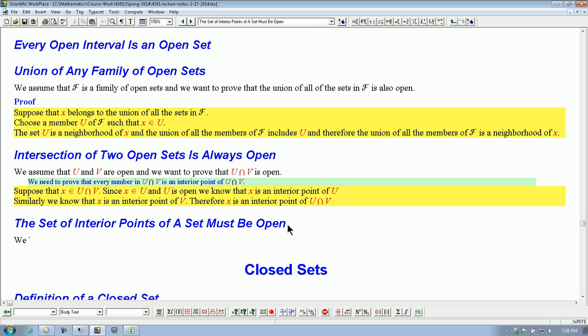So we assume that S is a given set, and we define U, big U, to be the set of all interior points of S. I'm putting it this way, it is a lot clearer.